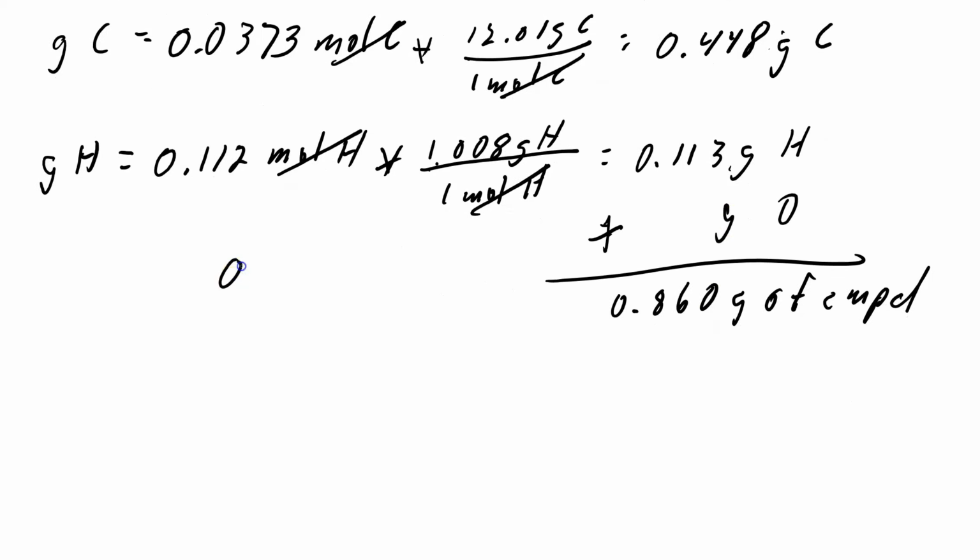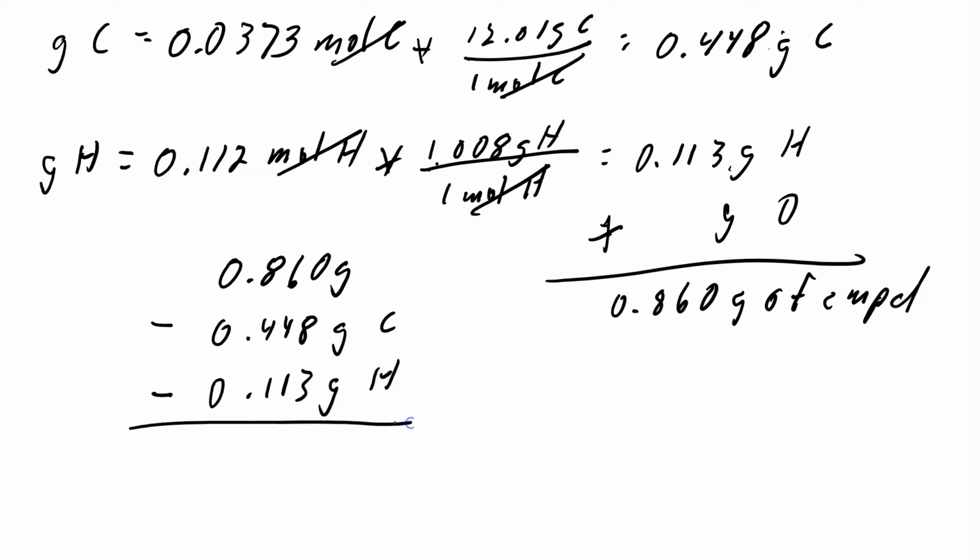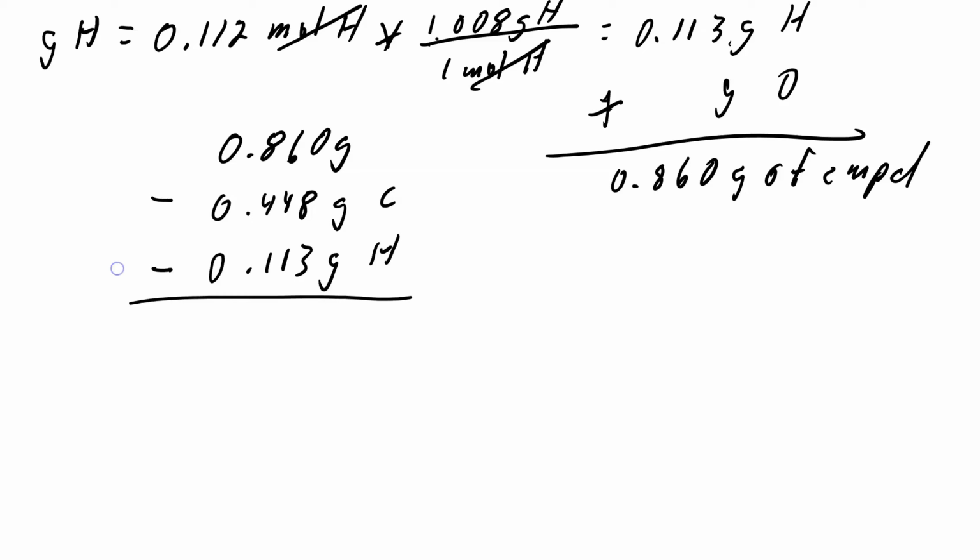We take our 0.860 grams, subtract from that 0.448 grams of carbon, and then subtract again 0.113 grams of hydrogen. Now when we do the subtraction, we end up with 0.299 grams of oxygen.